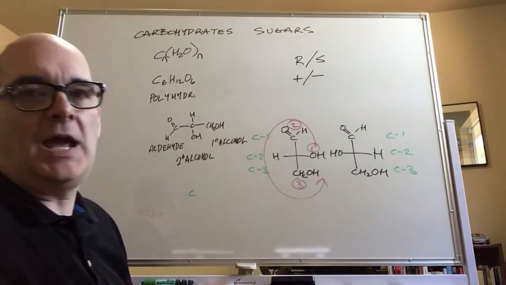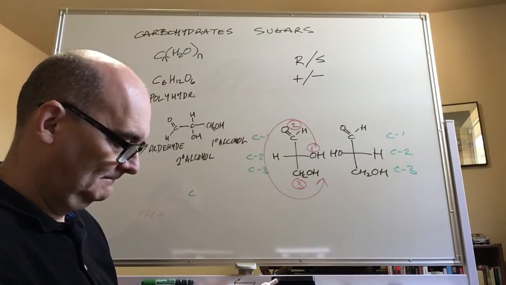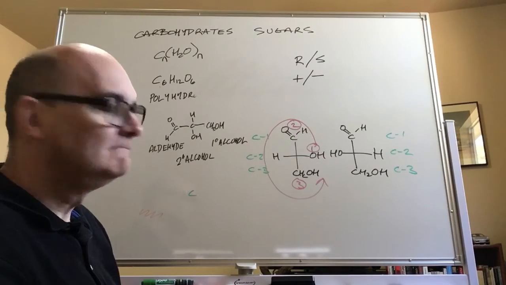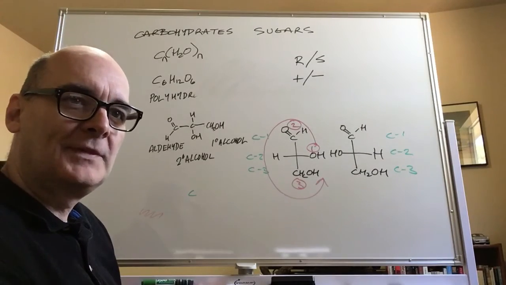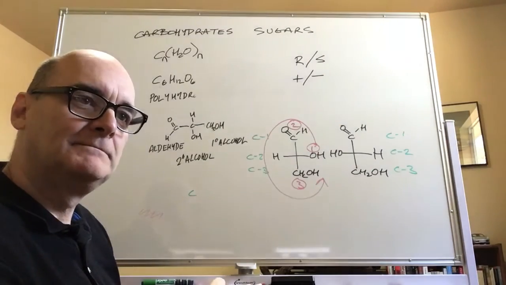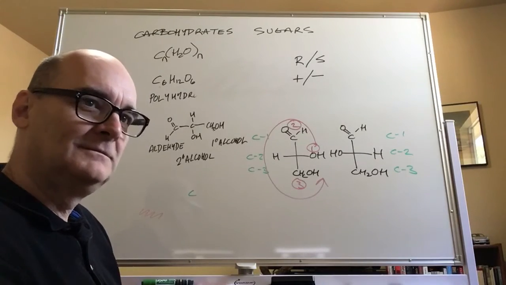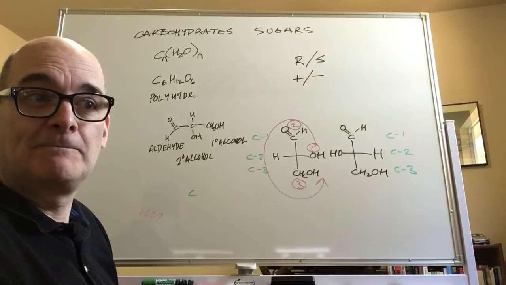Is that the R or the S? S. Why is it the S? Because it's going counterclockwise. Counterclockwise means S. Sinister.